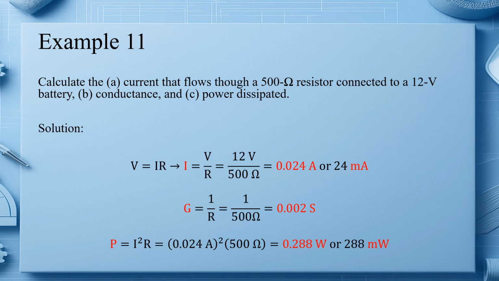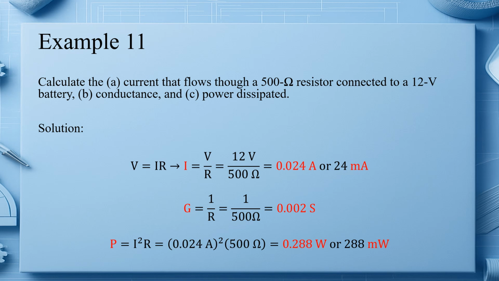For example, calculate the current that flows through a 500 ohm resistor connected to a 12-volt battery. Letter B, find the conductance, and letter C, find the power dissipated. We just use the formula. The current is 12 volts over 500 ohms, which is 0.024 ampere or 24 milliamperes.